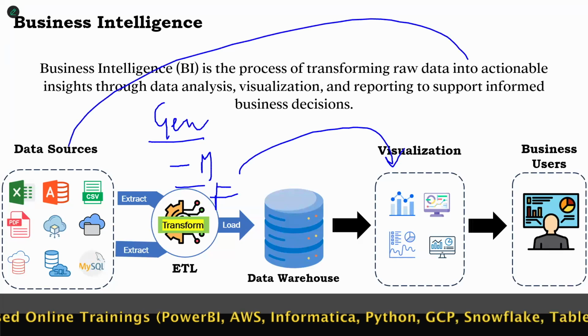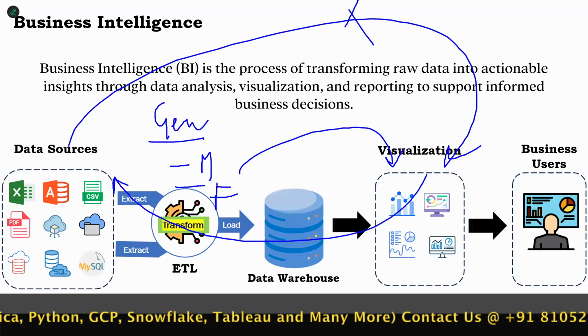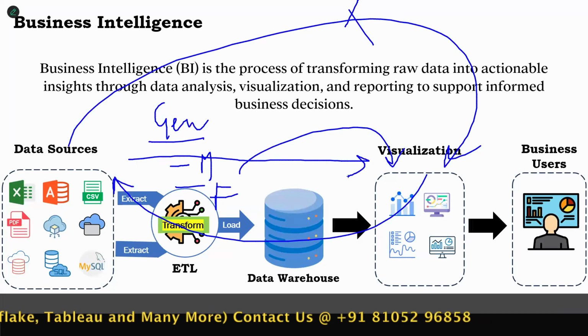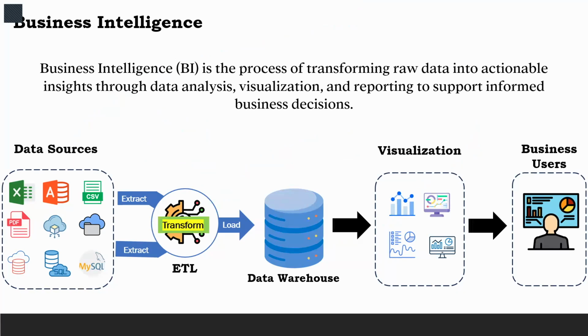So don't go from data source to visualization directly. This is not going to work. You'll always have to come back here. You'll always have to go through these different sections. And that's the reason I want you to look at visualization as the last thing in your entire process. Don't jump into that right away. And that's how we want to approach this particular tool and work with it, right?